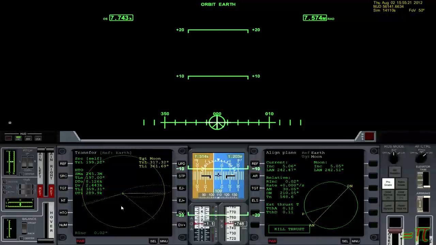I've run this flight in like 4 or 5 practice runs, and in 2 of them I managed to get there without even having to make a mid-course correction, which I found to be unusual, because when NASA was going to the moon, they would usually make 2 or even 3 mid-course corrections.